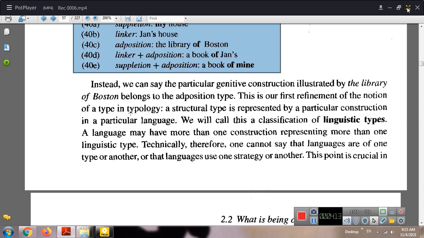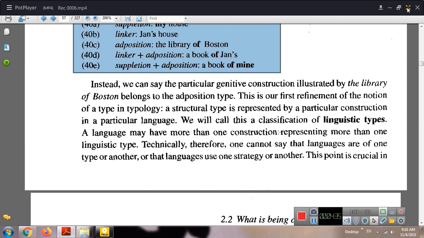What we mean by type in typology? We mean a structural type is represented by a particular construction in a particular language. Okay, a structural type is represented by a particular construction in the particular language.